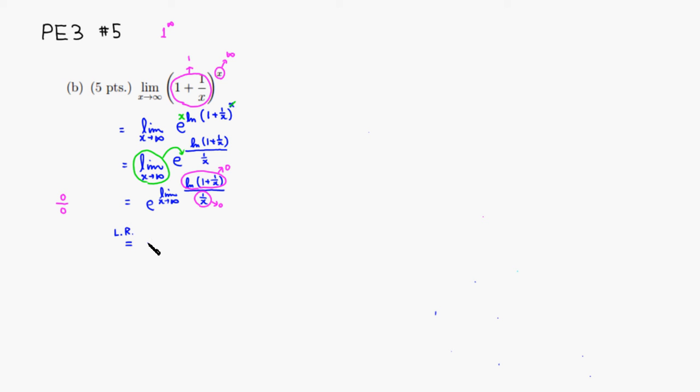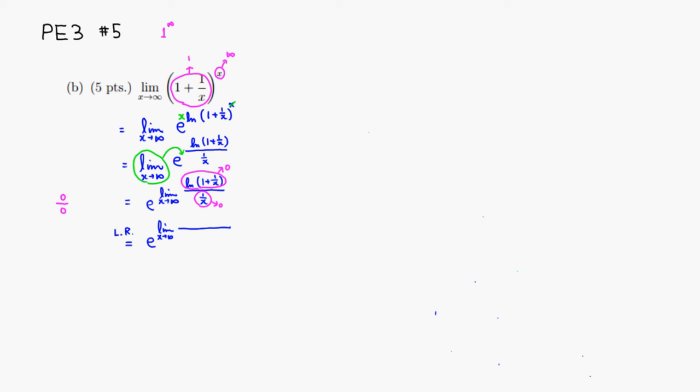So you have e, then we still have a limit, but we can take the derivative of the top and bottom. The derivative of the top is the natural log of anything.